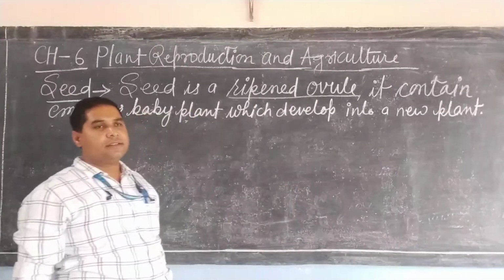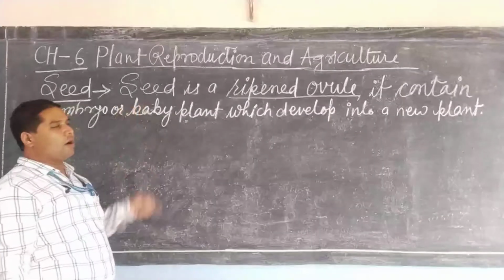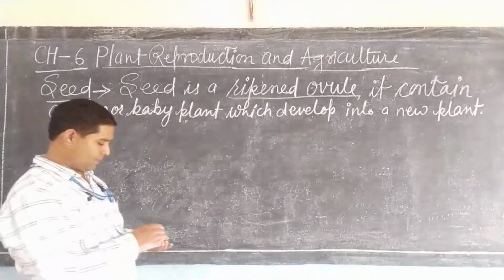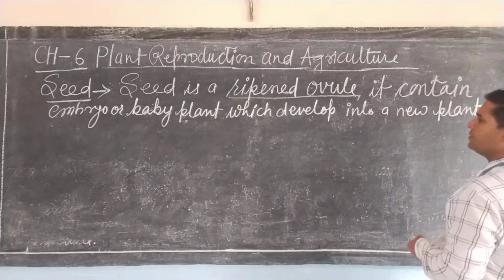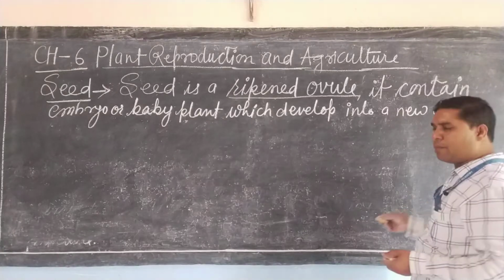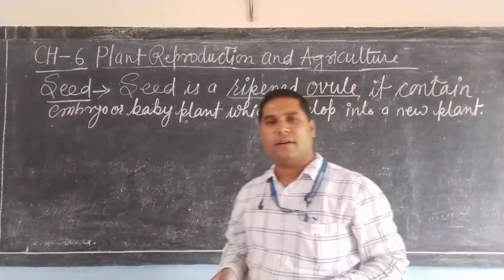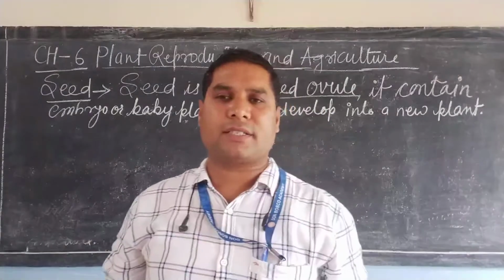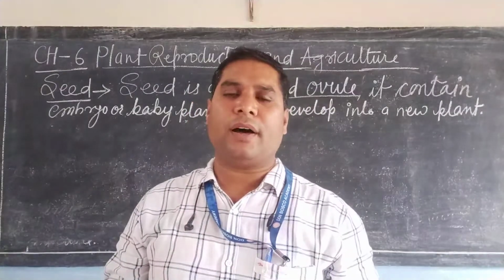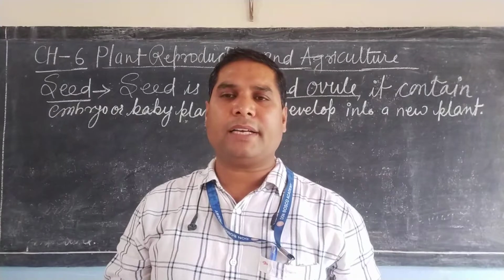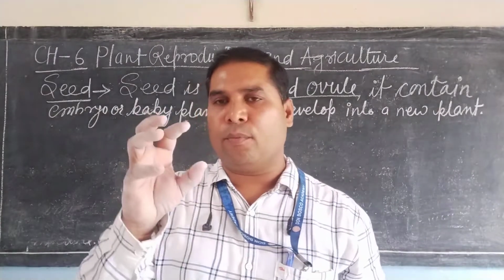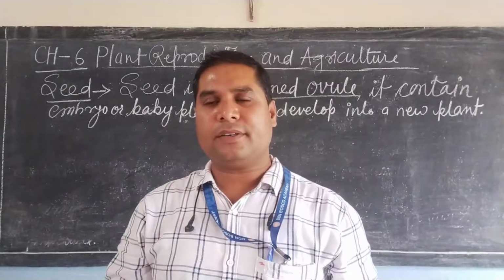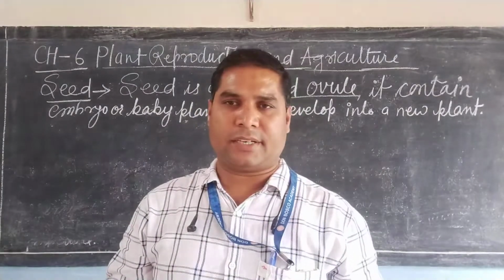Let us understand seed with the help of a diagram. Dear student, in the previous topic I explained to you that flowering plants, according to the seed, are divided into two groups, monocotyledon plant and dicotyledon.